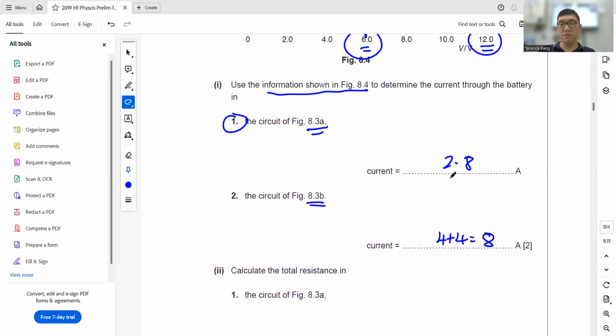So if you have these two, part 2, calculating the total resistance becomes much easier, because the total resistance, denoted by RT, is the total potential difference or the EMF divided by the total current.